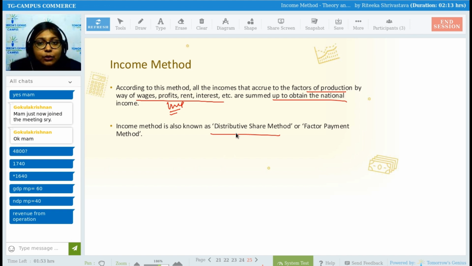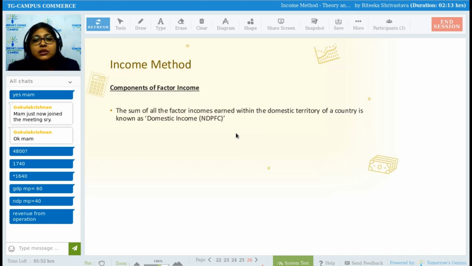At times they will not even specify which method to use. You will just be given the components, and you have to identify which method those components belong to: value added, income method or expenditure method. With that, we are going to start with the components of the income method.